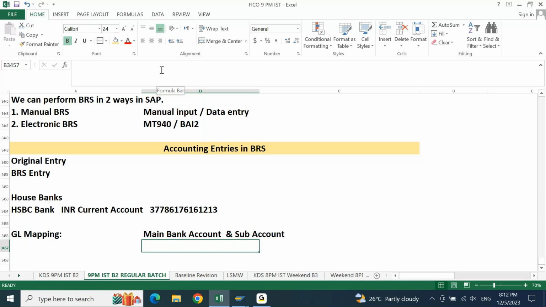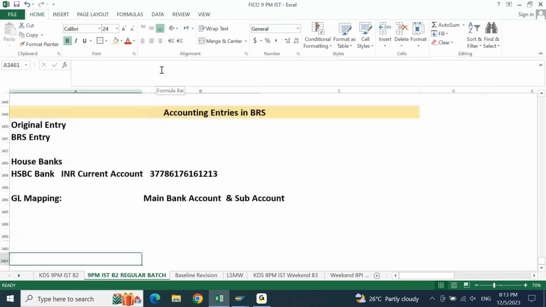We are using a concept called main bank account and sub account. Now, why we are using main bank account? Why we are using sub account? At the time of house bank creation, we understood this is mandatory requirement, especially in SAP, to use main account sub account concept only for the purpose of BRS or only for the purpose of bank reconciliation statement. In order to perform bank reconciliation statement or bank reconciliation thoroughly, you need to make sure your GL account mapping is based on main account sub account concept.